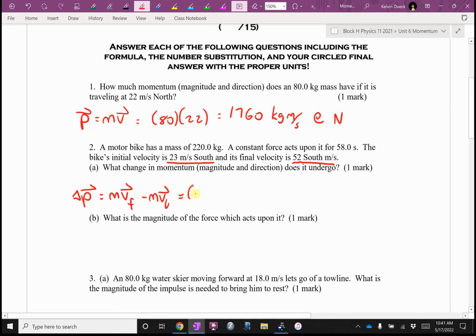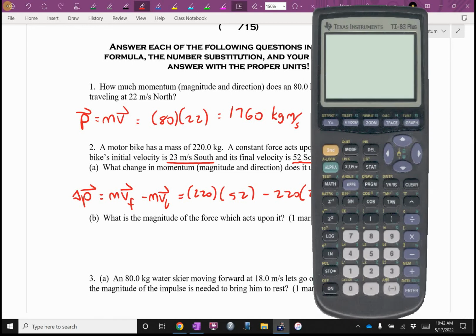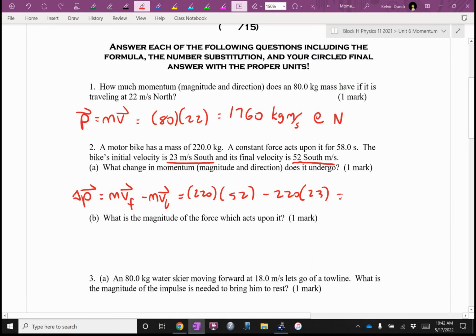It's going to be 220 times 52 minus 220 times 23. And I get a magnitude of 6,380 kilogram meters per second. And the direction would be south, at south. Or you could just write the word south.